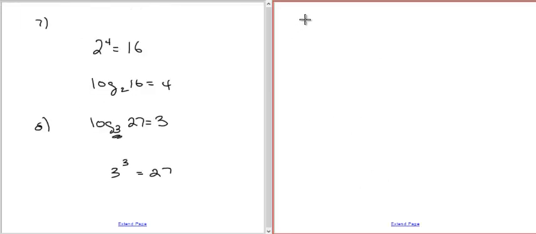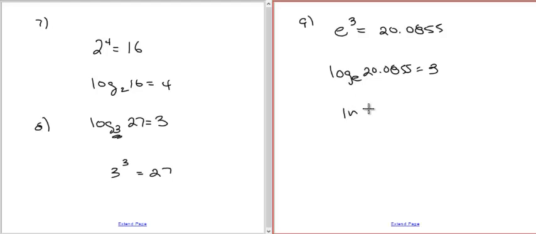Okay, number 9. So we have e cubed equals 20.0855. Well, the base here is e, so you could say it's log base e of 20.0855 equals 3, but log base e is the natural log.